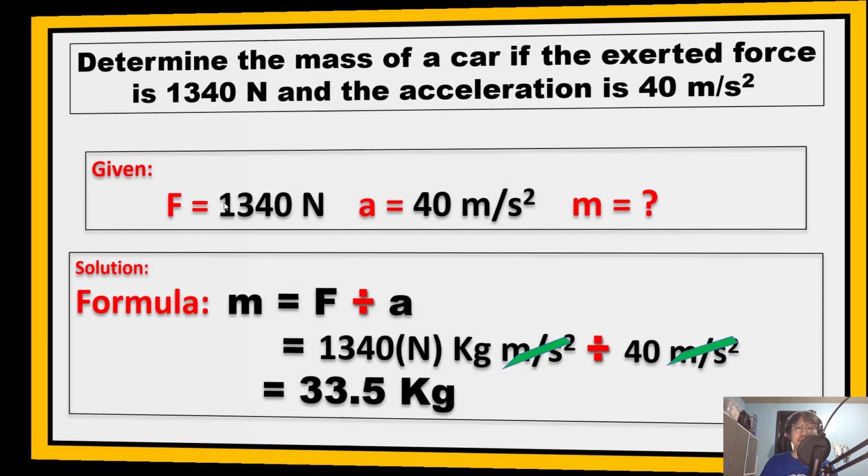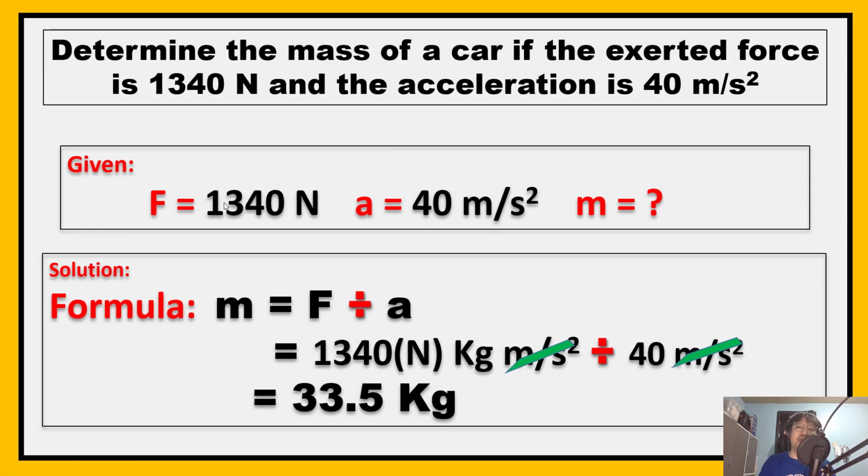Next, determine the mass of a car if the exerted force is 1,340 Newton and the acceleration is 40 meter per second square. So for the force, 1,340 Newton, and then acceleration is 40 meter per second square. So we'll be finding the mass.